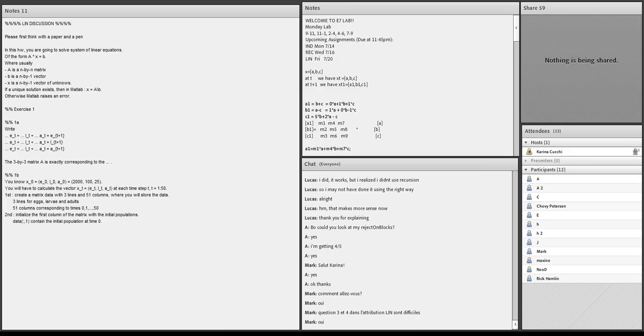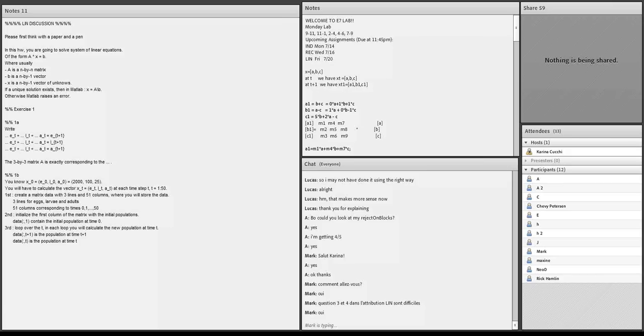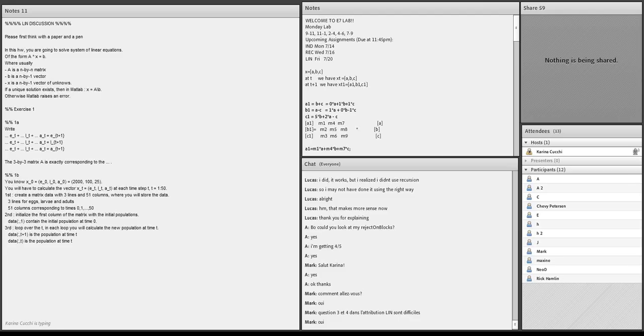All right, so once you filled the first column, corresponding to time 0, the thing that you can do is looping over the different columns, so looping over t. And in each loop, you will calculate the new population at time t. So data, the column t+1 of data is the population at time t, and data of t is the population at time t-1.